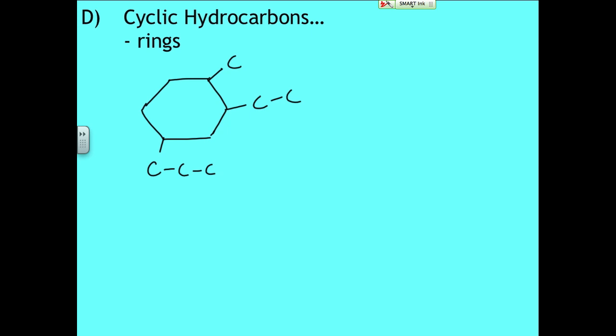I would number it 1, 2, 3, 4, 5, 6. The reason I'm doing that is because I want my branches off of the lowest numbered carbons. This is a 1-methyl. This is 2-ethyl off of the second one.